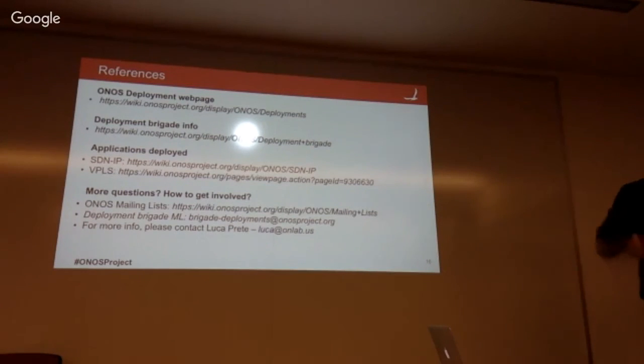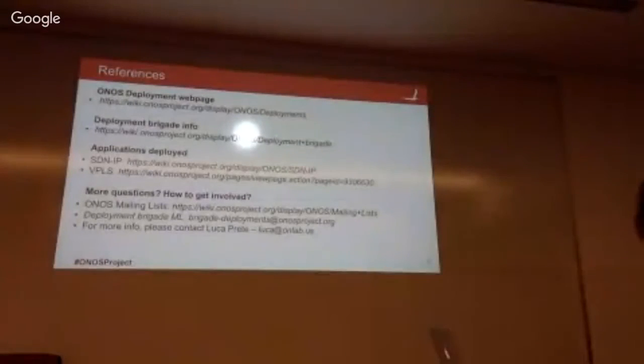Any other question? Yes? Is there any possibility of a relationship between P4 and ONOS? Yes. Carmelo is working on the integration of P4 together with ONOS.